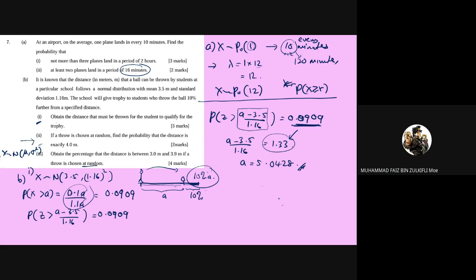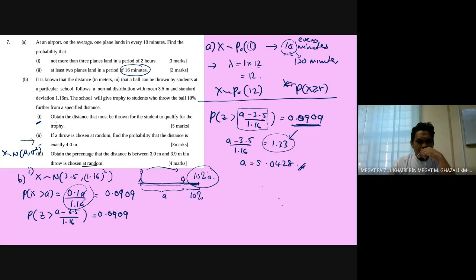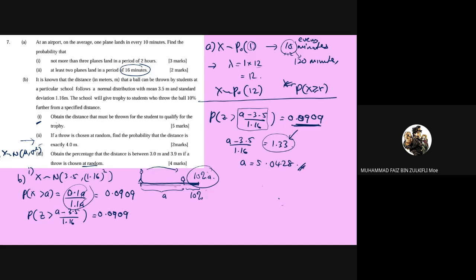In the statistical book, when Z is 1.33, the value they give is 0.918. So does that mean when we're looking for Z, if we can't find exactly 0.0909, do we just get the closest value?